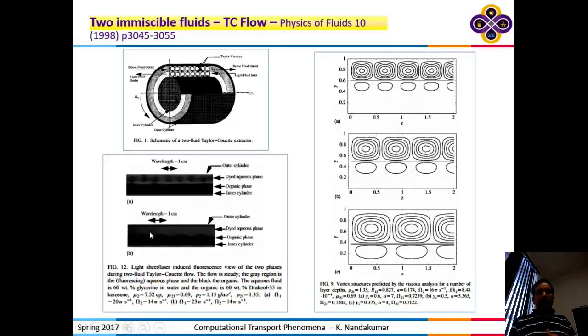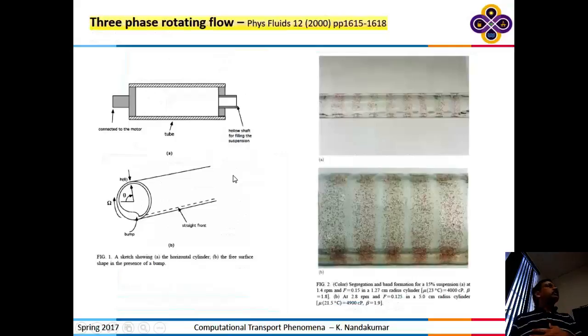For example, here you can see the interface deforming. In COMSOL, you can set it up fairly easily to solve problems like these. So the problems very quickly get complicated, from single phase flow to two phase flow to turbulent flow, etc. But we have the framework to study these.